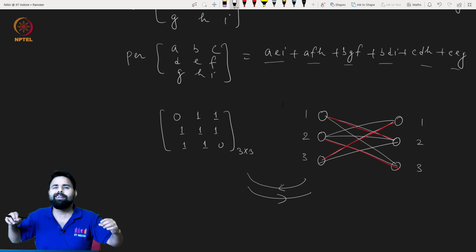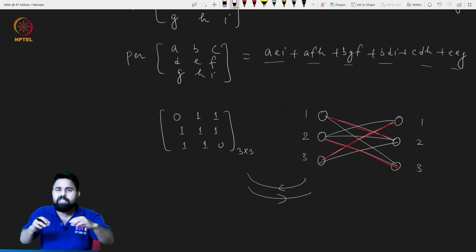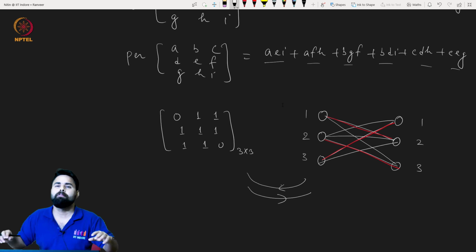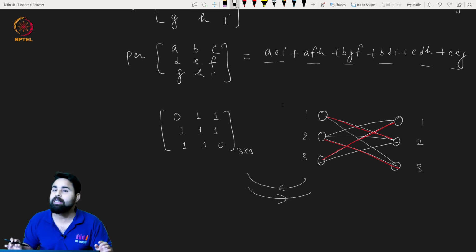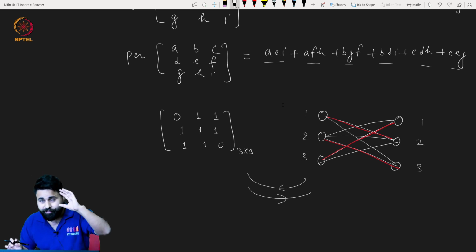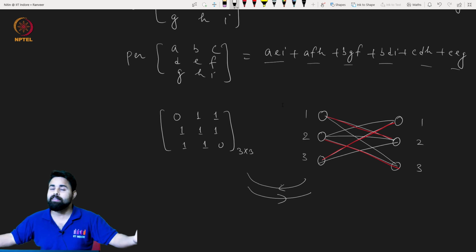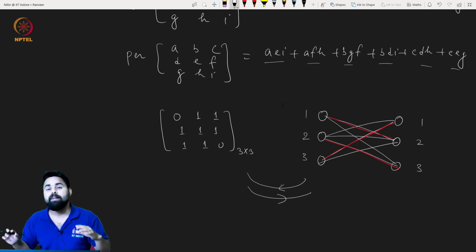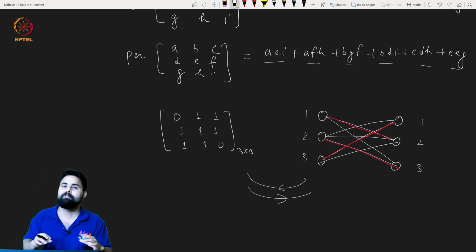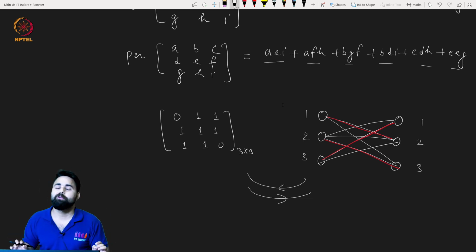So computationally both of these problems are equivalent. Finding the number of spanning trees is the same as calculating the determinant; here finding the number of perfect matchings is the same as finding the permanent of the corresponding square matrix.